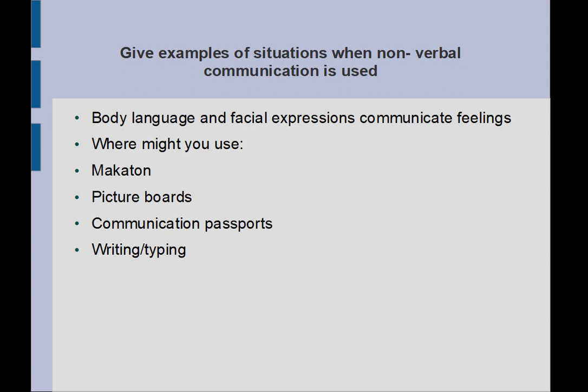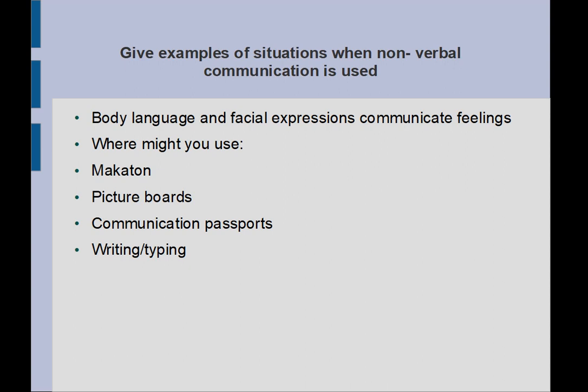And some other forms that might be useful for you could be Makaton, again, picture boards, communication passports, or just writing or typing. Now, picture boards or communication passports, if you haven't heard of them before, picture boards are usually set out as a board with pictures, like it might have orange juice, it might have toast.